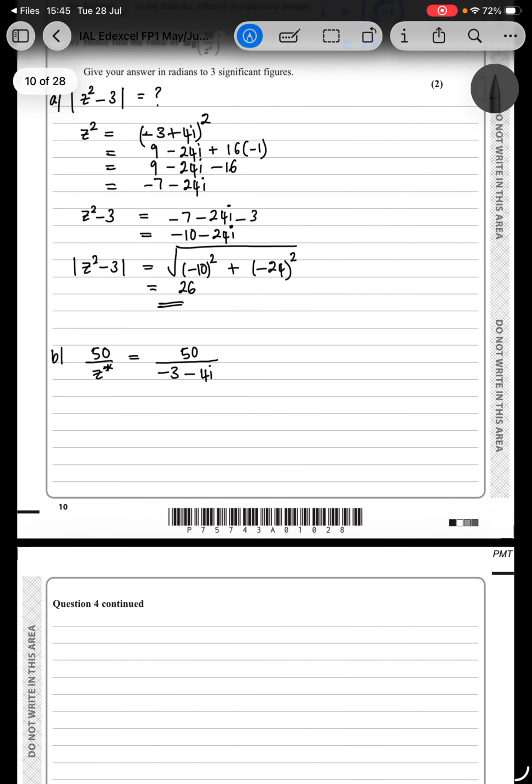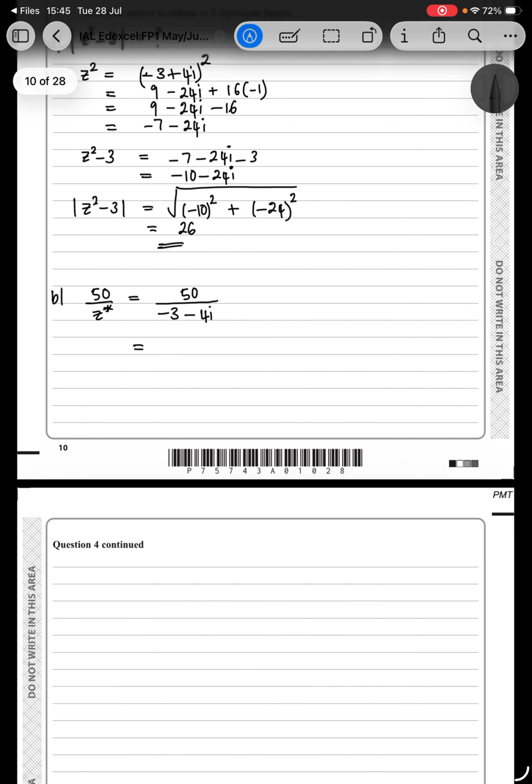So we need to simplify this, which means we have to rationalize our denominator. To rationalize the denominator, we need to multiply the numerator and the denominator by the complement of the complex number which is in the denominator. So this will be 50 times minus 3 plus 4i, which is again z. Denominator will be minus 3 minus 4i times minus 3 plus 4i.